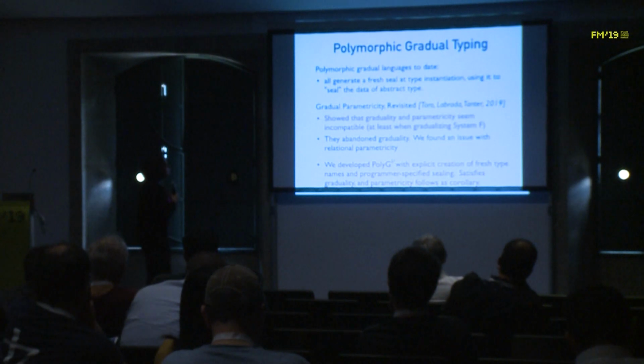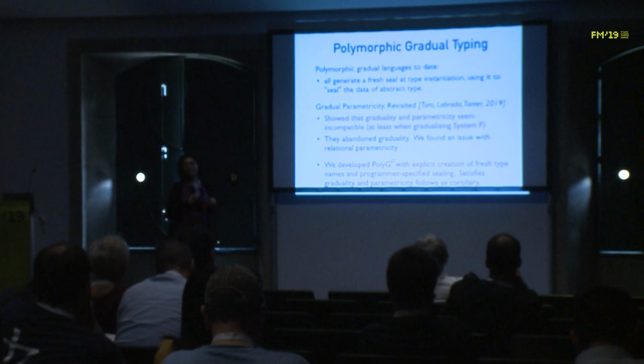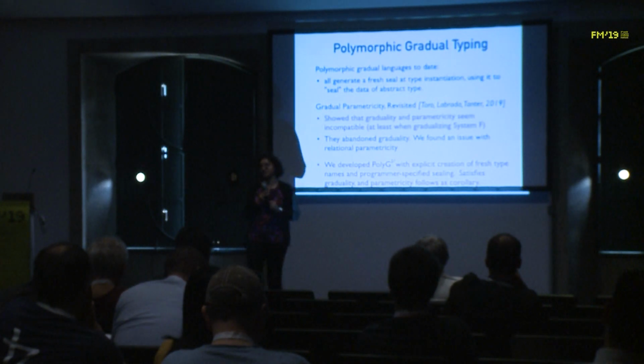And every piece of work to date that has tried to do parametric gradual typing, parametric polymorphic gradual typing, they all generate a fresh seal at type instantiation time.